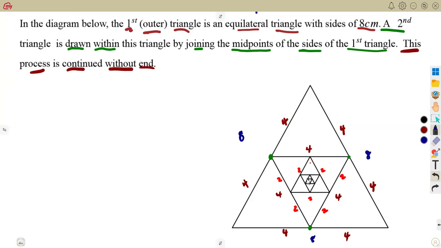The triangle that follows inside is found by dividing at midpoints again, so you divide by 2. This is 1, 1, 1, and so on. That will be the case, from the outer triangle going inside. Midpoints means if it was 8, you divide it by 2, and so on.